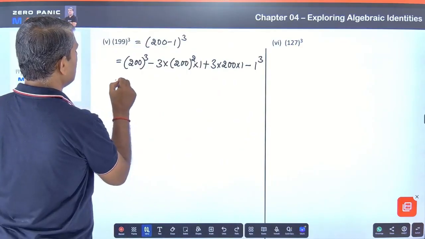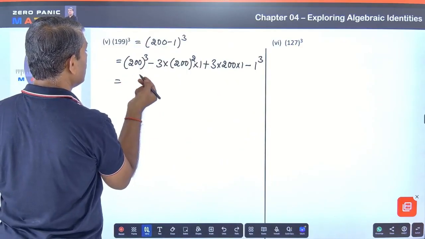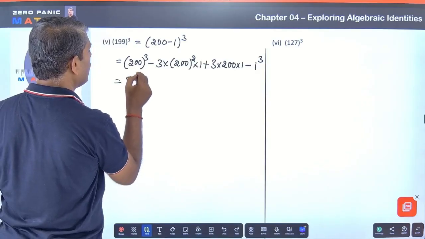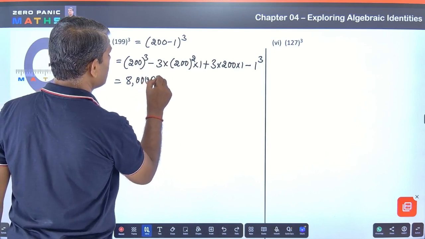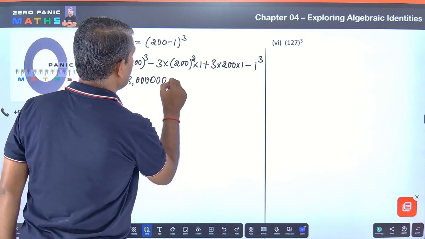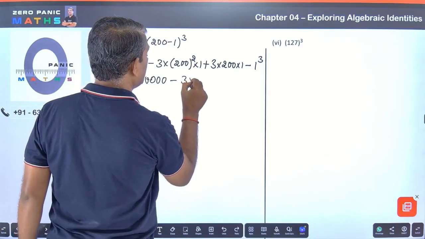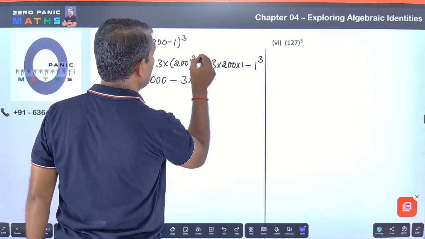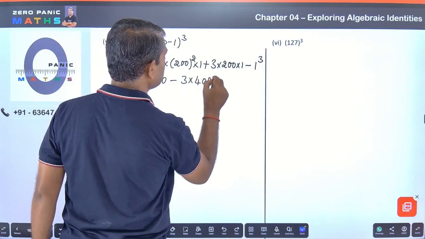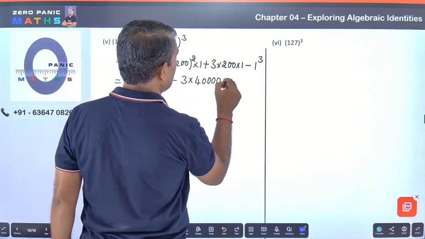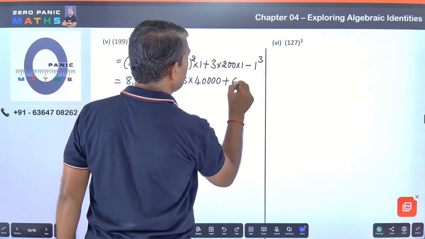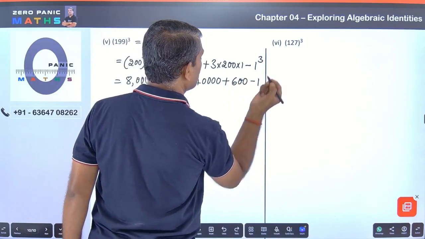So 200 cube is 8 followed by 6 zeros, minus 3 multiplied by 200 square, which is 4 followed by 4 zeros, plus 600, minus 1 cube, which is 1.